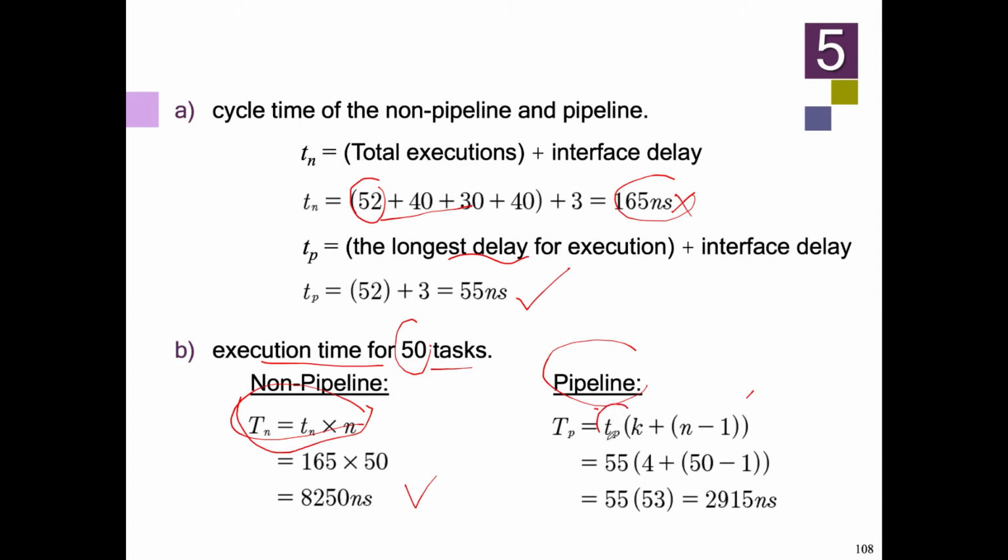You need to mention the K value, which of course is 4, and the execution 3, and then you need to have n minus 1. So you just derive it until you get the answer for the execution time for 50 tasks.